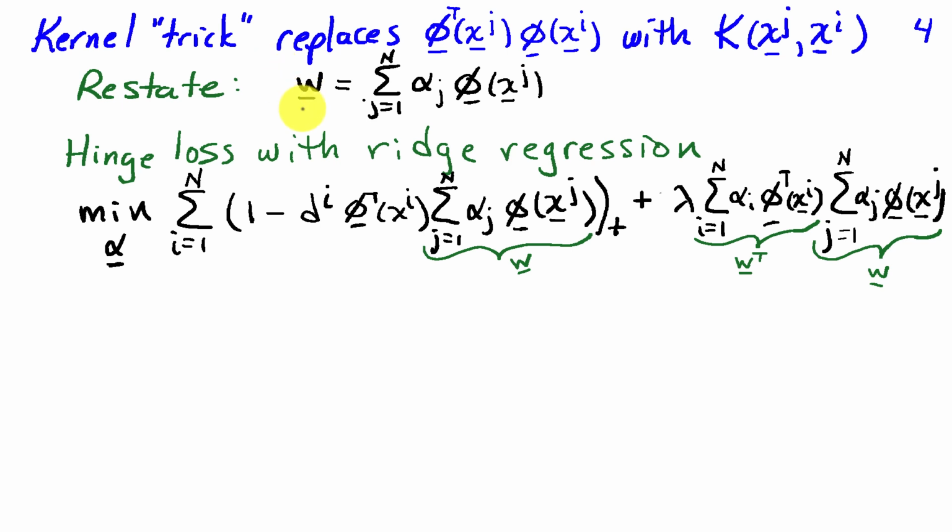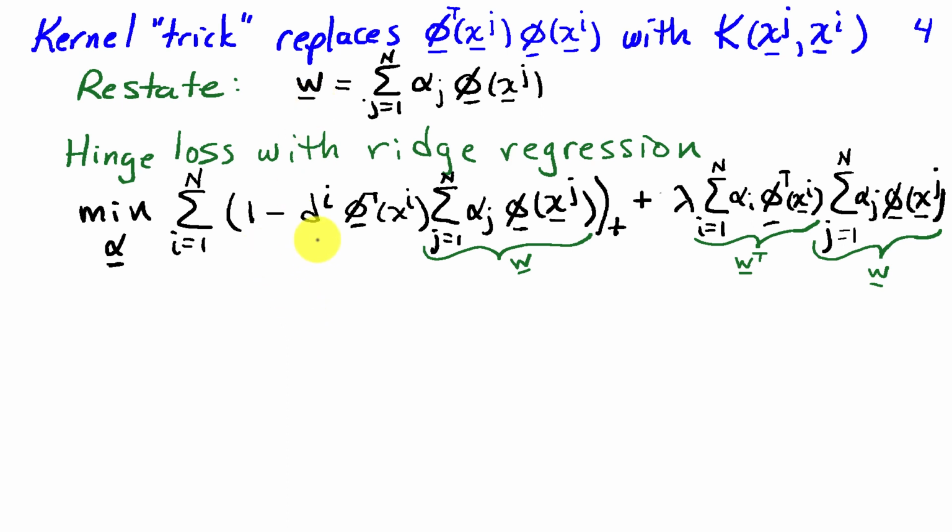So recall, at the end of the last page, I asserted that I could write w, my classifier, as the sum from j equals 1 to n alpha j phi of xj. So we can rewrite our hinge loss with ridge regression by substituting for w.